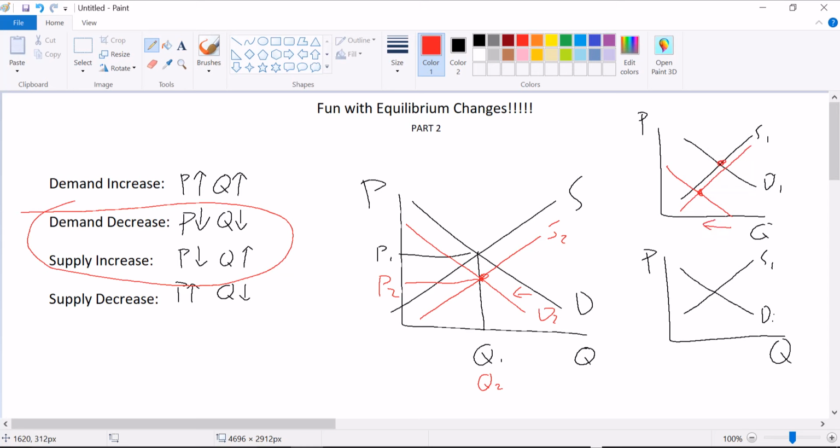Or I could draw it with a tiny demand shift and a large supply change, in which case the equilibrium quantity between these 2 points rises. And so it depends. Do these effects balance out? Or does the demand effect outweigh the supply effect? Or does the supply effect outweigh the demand effect? And honestly, without more information, we just don't know.